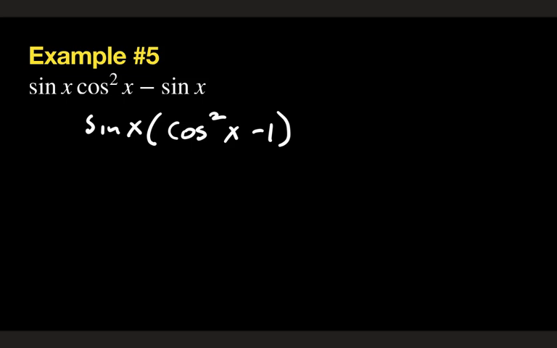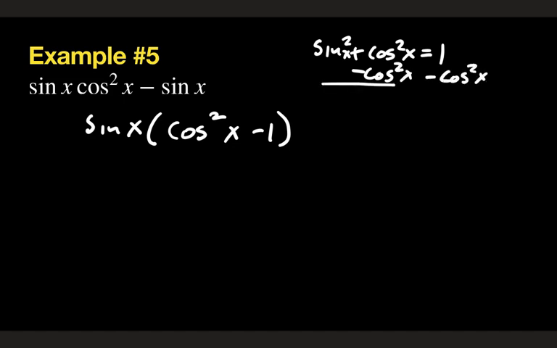From the Pythagorean identities, we have sine square x plus cosine square x is equal to 1. So we are able to subtract cosine square from both sides, and we end up with sine square x is equal to 1 minus cosine square x. The signs on this side and the signs on this side are different.